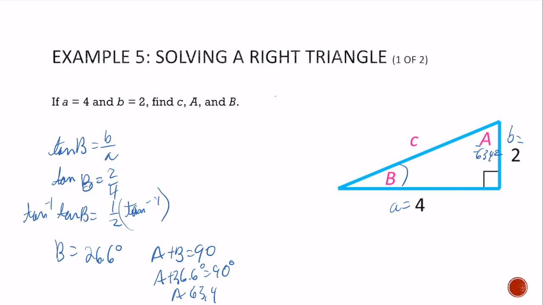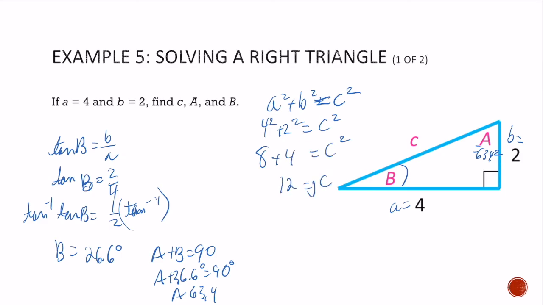I can also use the Pythagorean theorem to find the length of c. So I've got 4 squared plus 2 squared equals c squared. 8 plus 4 is c squared. 12 is c squared. I take the square root of both sides. I have the square root of 12 is c, which I can simplify to 2 square root of 3.